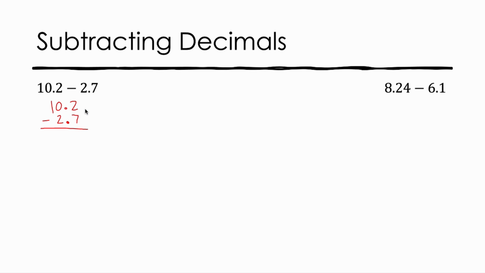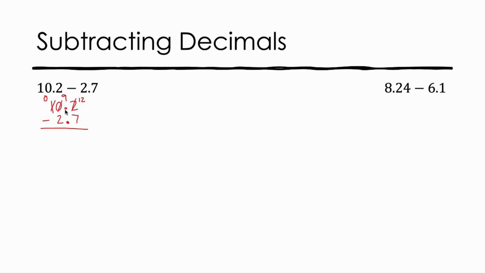So now we can see that we don't have to add any zeros to the end because we had the same amount of decimal places to the right of the decimal point. So let's subtract. 2 minus 7, we can't do that, so let's change this to 12, and we need to change this to 9, and change this to 0. Because, yeah, you know the rules of subtracting, right?